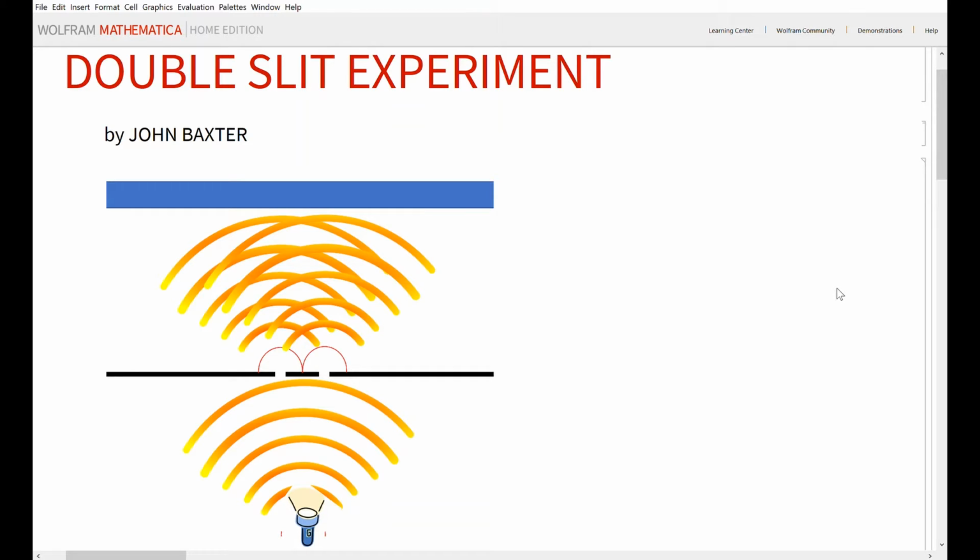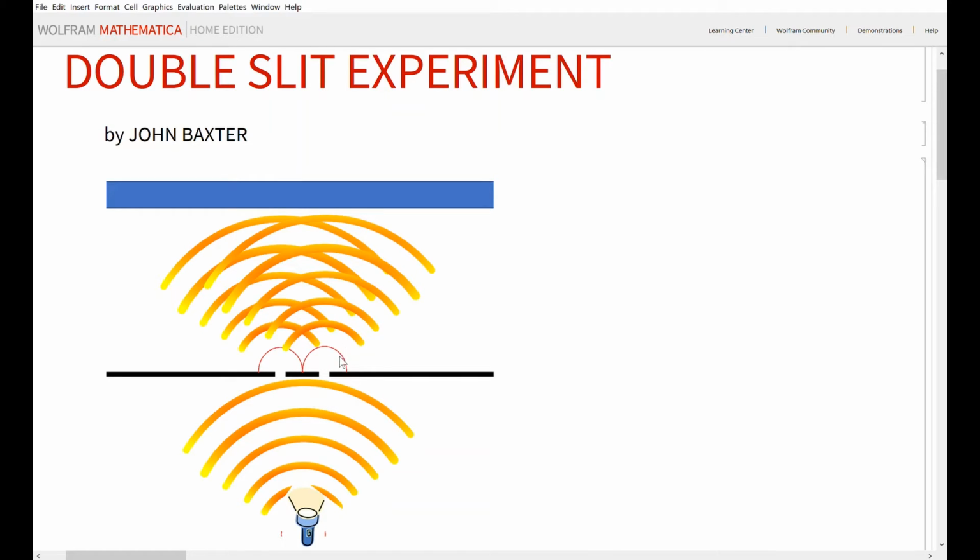So this experiment right here was big in developing the concept of wave-particle duality. In the picture right here, we're looking at a light source. We're looking down from the ceiling to the floor, with the light waves propagating towards a wall that has two apertures in it.